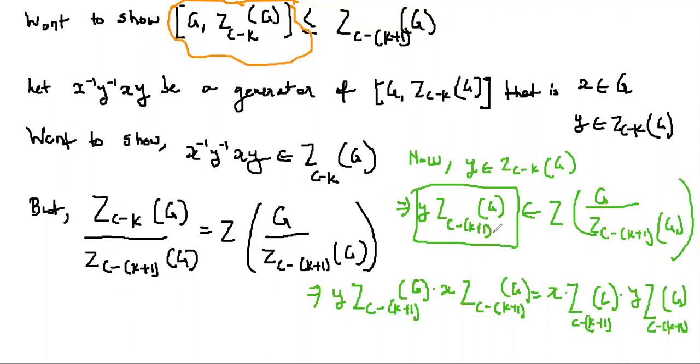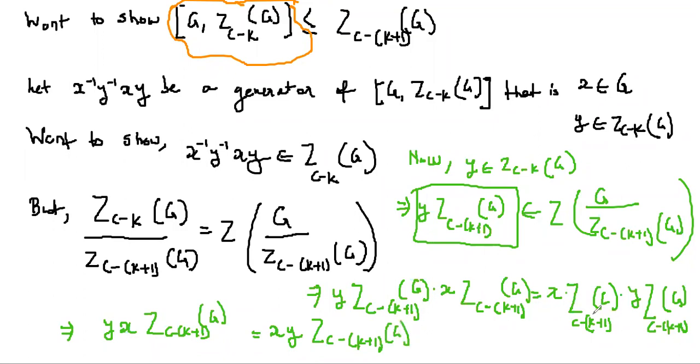That it commutes with all other elements. Now we just need to rewrite it. The left hand side is y x Z_{c-k+1} G, and this is equal to x y Z_{c-k+1} G.